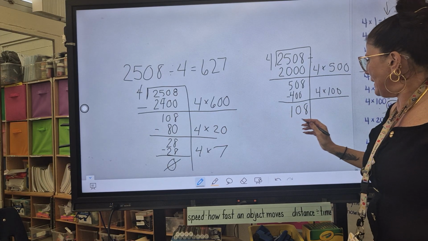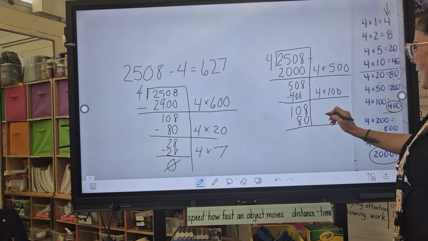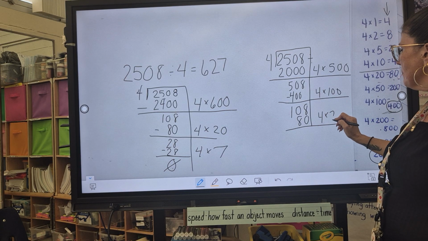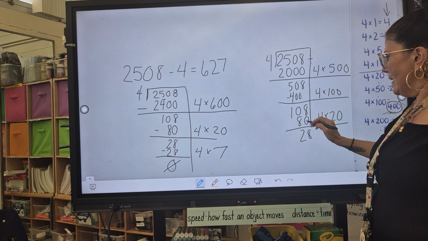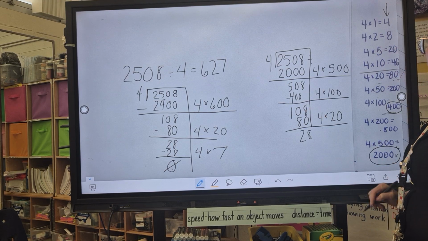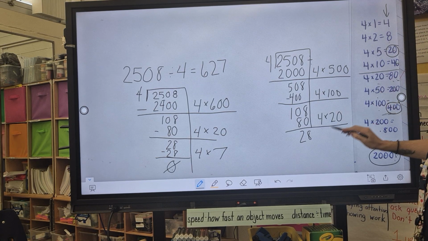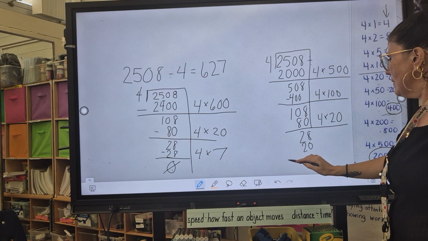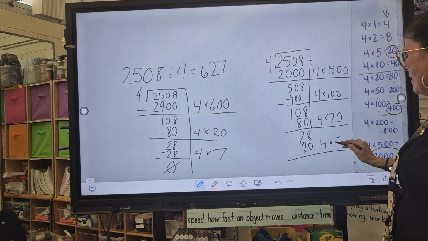I'm going to go with 80, just like I did here, because that's available here. And that's 4 times 20. And that equals 80, and it's 8, and then this is 10 minus 8 is 2. And now for this one, my biggest multiple I can pull out is 20. So I'm going to do 20. That's 4 times 5.